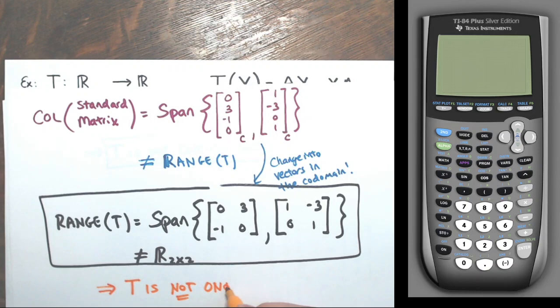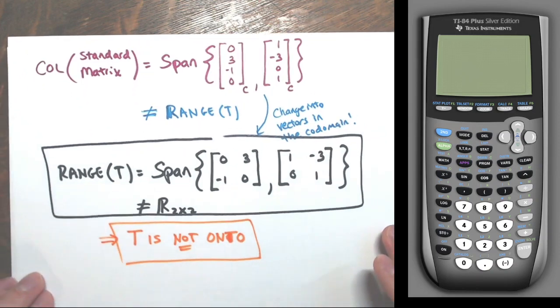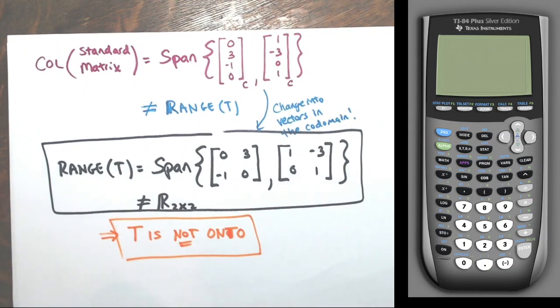So here's another example of a linear transformation. Remember, all these were linear; these statements all apply to linear transformations. Here's another linear transformation that wasn't onto and wasn't one-to-one. So hopefully that made sense with changing the coordinates, because when you're dealing with non-Euclidean spaces, you have to translate.